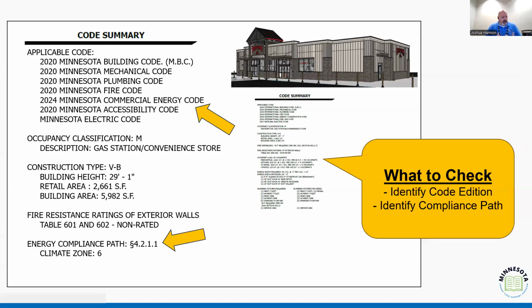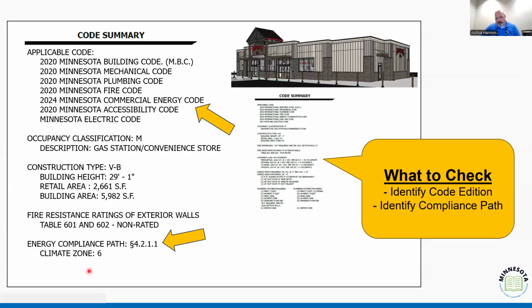When we see this design and we see what's identified here for us, we've seen this before. The reason I use the same example a lot is to reinforce over and over what we should be seeing, right? We should see somewhere in here, in this code summary, a compliance path. I'm not asking for the world. I'm asking for 2 lines, right? I want to know that you know what climate zone we're in.